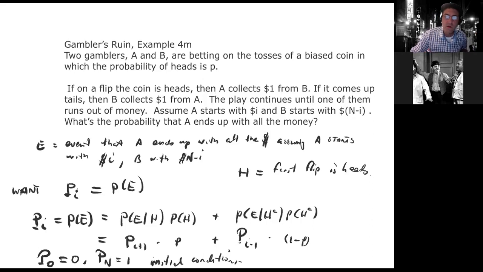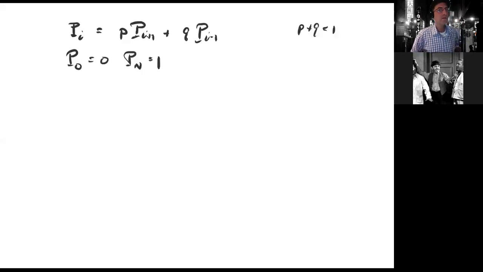Okay, I want to clear the screen and rewrite these conditions in the following way. Before I do that, though, I want to set Q equal to 1 minus P. Okay, all right, so let me clear this. I've just placed the equations up at the top of the whiteboard.